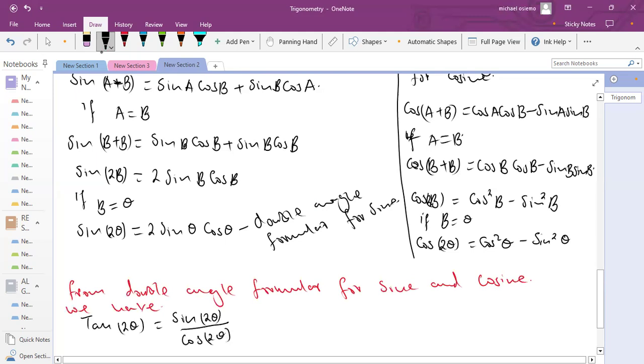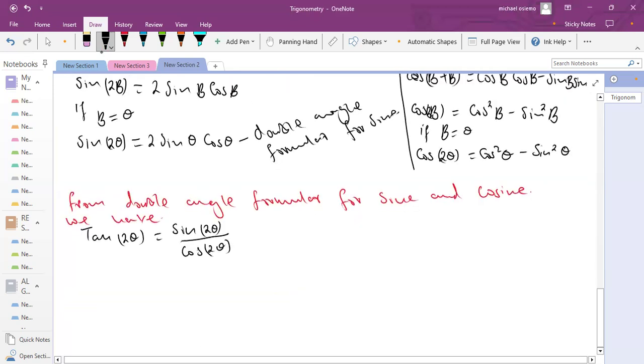This relation one just gets from the basic SOHCAHTOA, that tan theta is equal to sine theta over cos theta. And so therefore, tan 2 theta will similarly be equal to sine 2 theta over cos 2 theta.